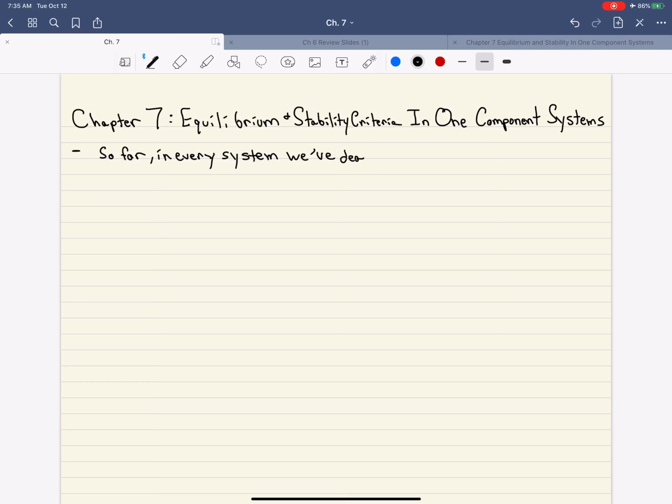But one thing that we were usually told, or that we could easily figure out, was the phase of the system. Right? We are either told that what we were dealing with was a vapor, or a liquid, or a solid.